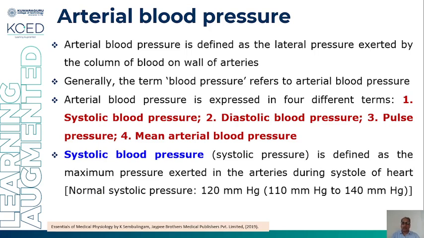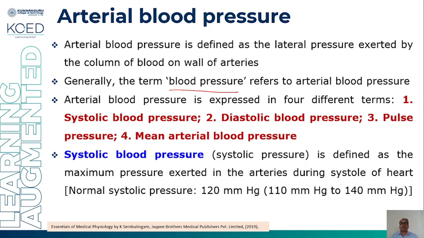So what is actually arterial blood pressure? Normally blood pressure denotes exclusively the arterial blood pressure, not the venous blood pressure. What is the reason? In the subsequent slide I'll tell you.